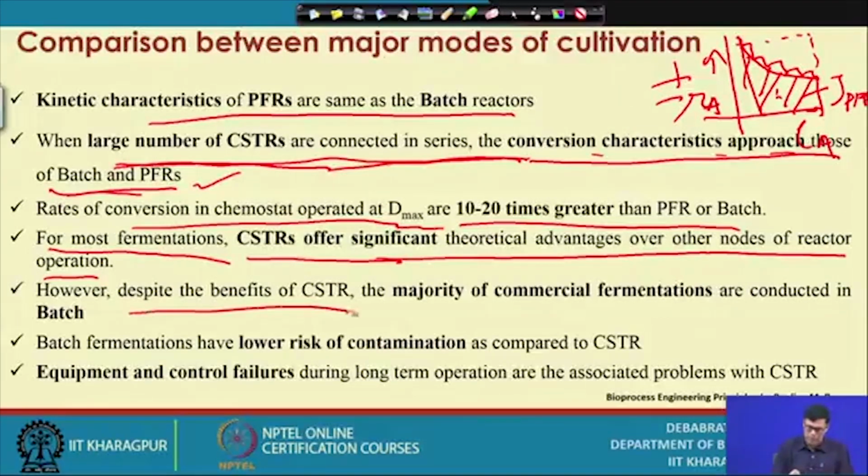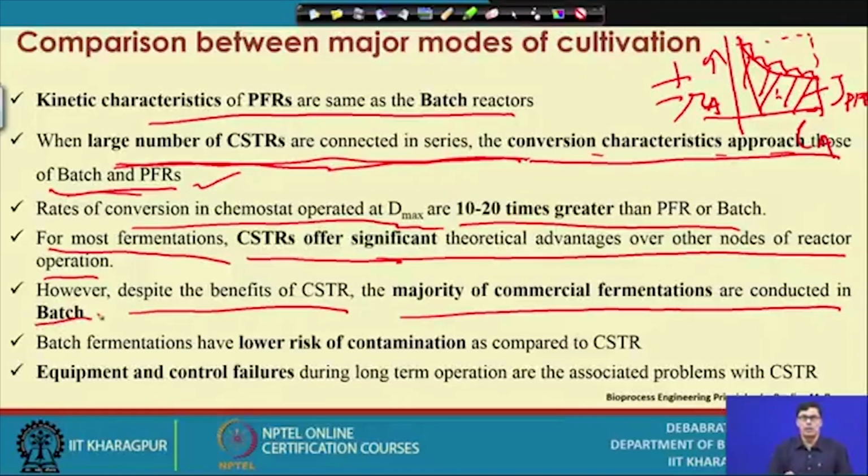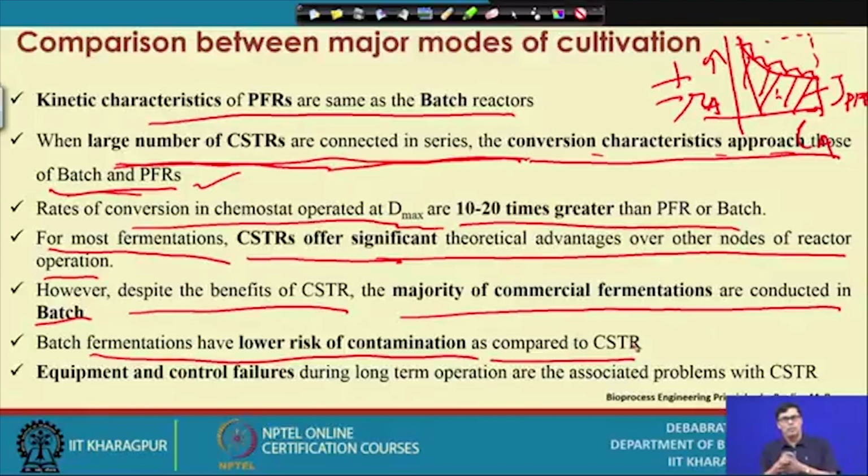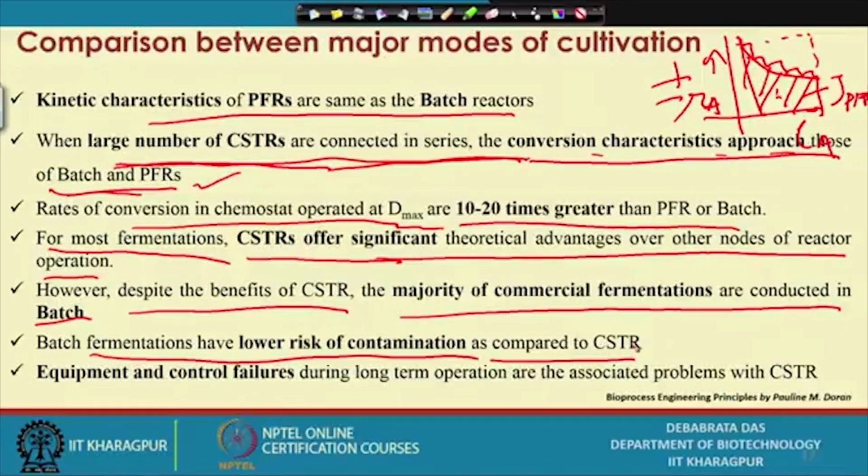However, despite the benefits of the CSTR, the majority of commercial fermentation is conducted in batch mode, because a continuous process always requires some skill of operation, and batch fermentation has a lower risk of contamination as compared to CSTR. We already pointed out that when you operate a CSTR for a long time there will be some contamination problem, whereas in a batch system the contamination problem will comparatively be very less.